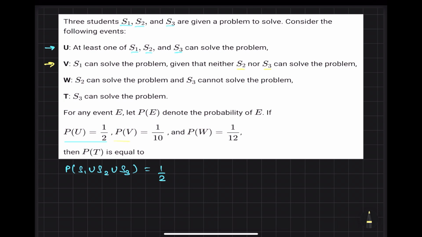It is V and here it is V. So can I write probability of S1 can solve the problem given that neither S2 nor S3, neither nor means first S2 cannot solve the problem as well as S3 also cannot solve the problem. So S2 cannot solve the problem as well as, means what? And S3 cannot solve the problem. So it is 1 by 10.